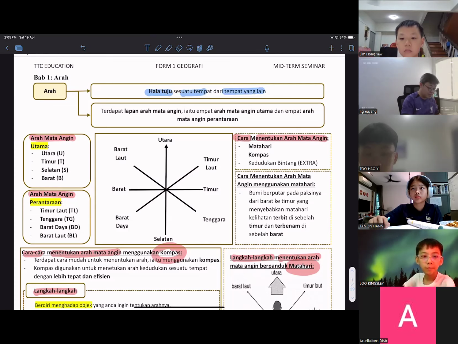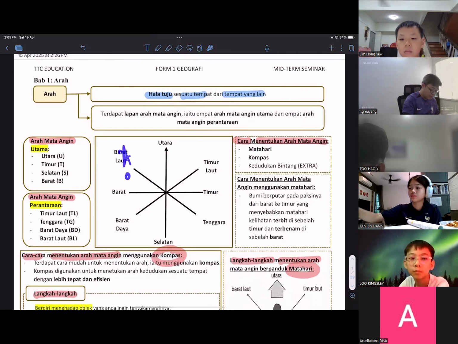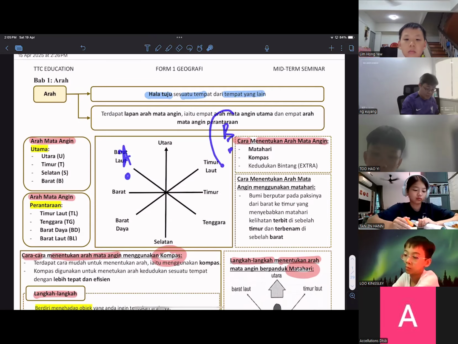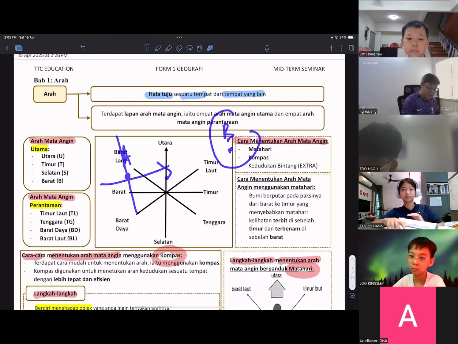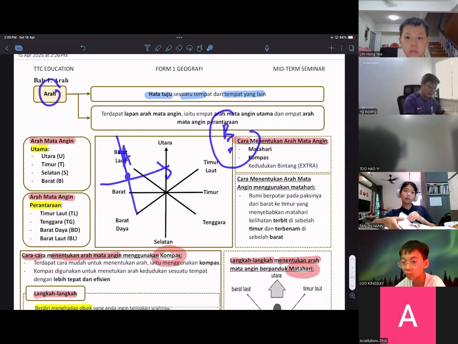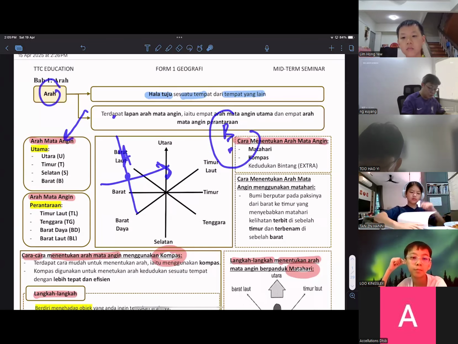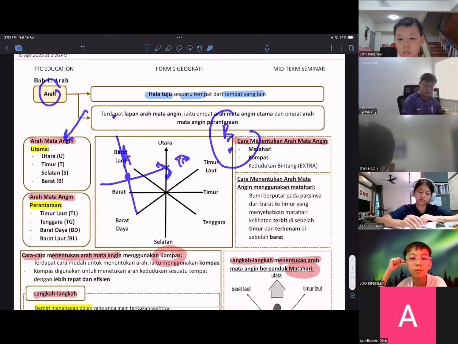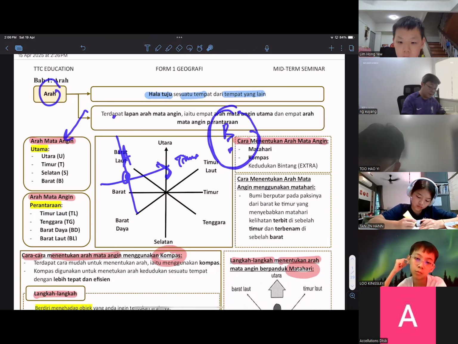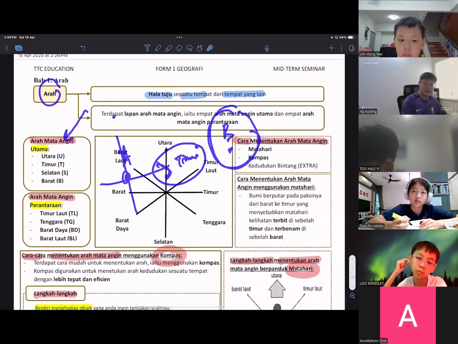So if this is location A, and this is location B, then the arah of B from A is actually at the right hand side. But if you are trying to learn the arah mata angin, then this is known as arah timur. So arah tempat B daripada tempat A ialah arah timur.